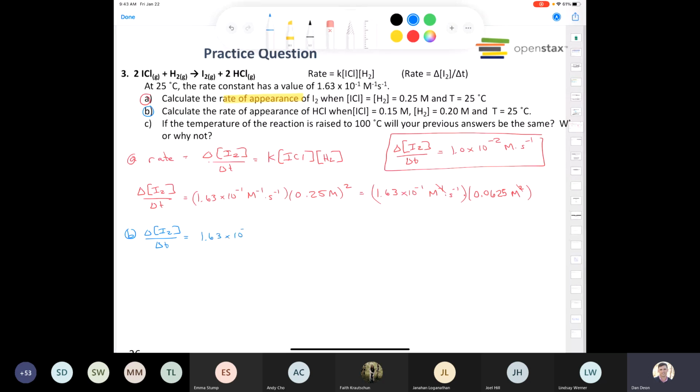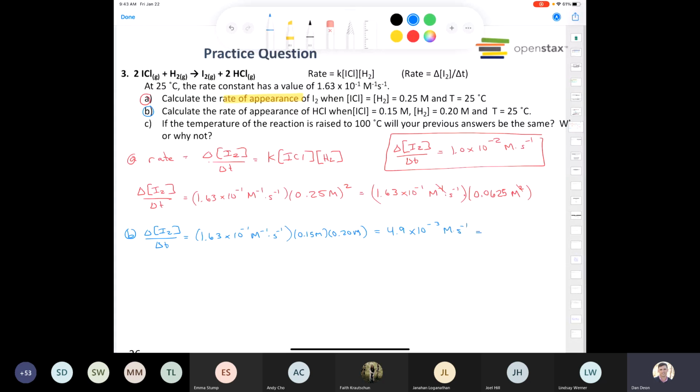So 1.63 times 10 to the minus 1, molar to the minus 1 times seconds to the minus 1. We have our concentrations, which are 0.15 molar and 0.20 molar. When you multiply all that out in your calculator, you end up with 4.9 times 10 to the negative 3 moles per liter per second.